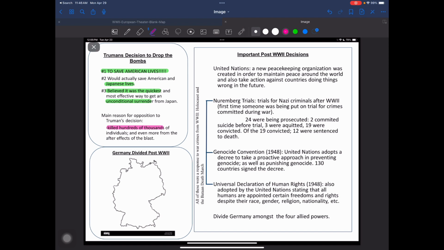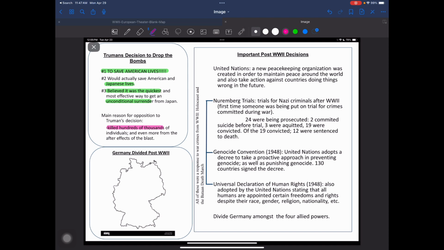If you were within the blast radius of this bomb, you were affected by it. So, of course, there were women and children. He's heavily criticized because not only did he kill hundreds of thousands of people with these two bombs, he also opened the door to what we're going to call the arms race in the Cold War, which immediately follows World War II.